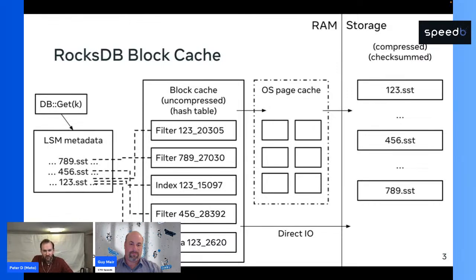And for each one of those, here I'm going to assume that we're using an option called cache index and filter blocks. A typical access to an SST file will start with a filter check to try to quickly determine whether the key is in that file or not.